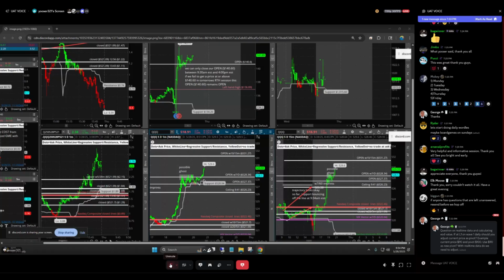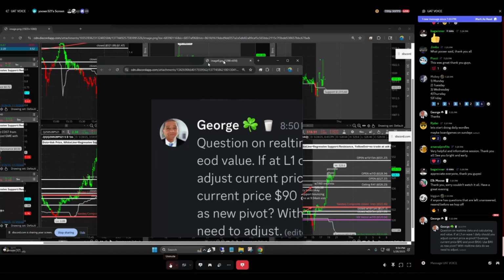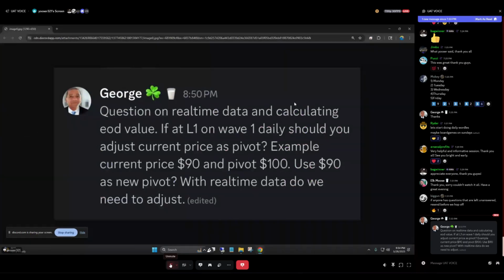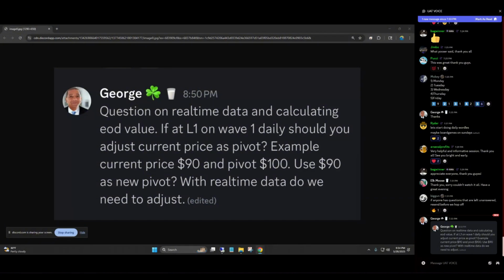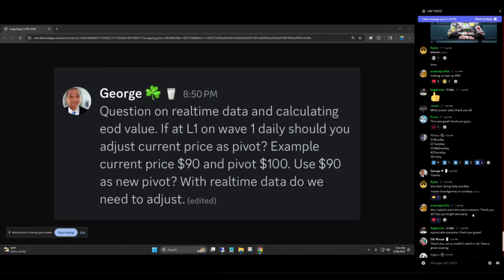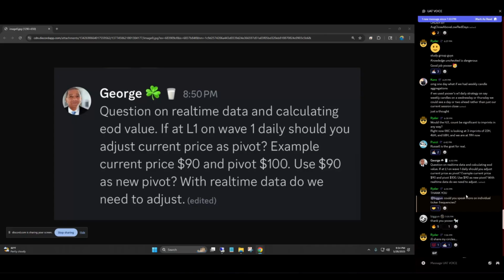I guess I would need to see a specific example, George. Is this the right question about the end of day value? On real time, with real time data, are we always going to be using the current pivot? I think he's referring to, let me grab it, the histogram.